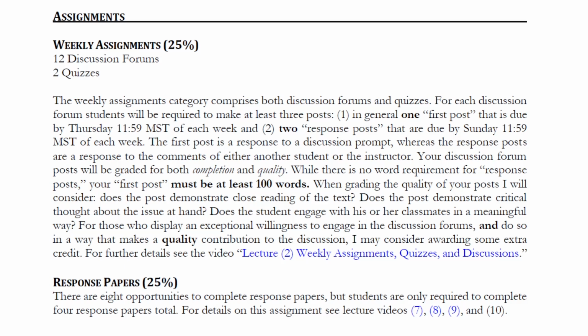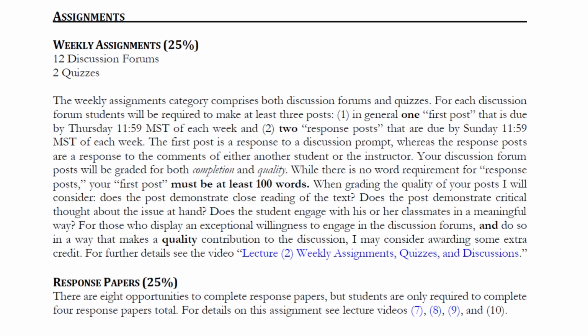The purpose of the discussion forums is to allow you to discuss the material further by interacting with both your fellow classmates as well as the instructor. For each week of the class that has a discussion forum, which generally speaking is every week of the class except for the weeks during which you will take an exam, you will be required to make 3 total posts.